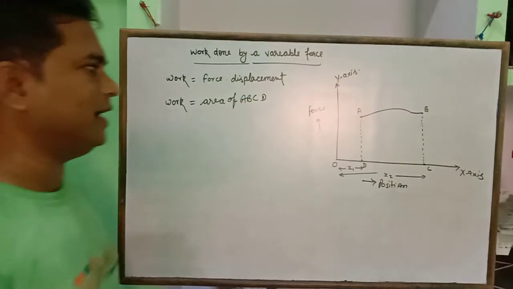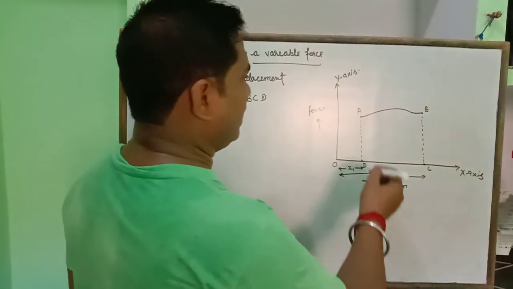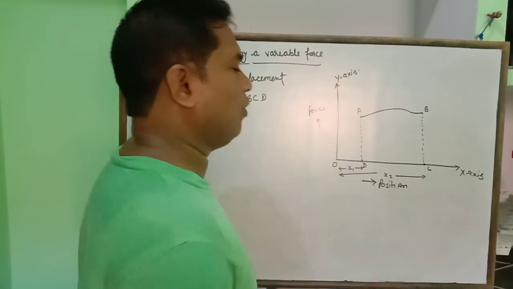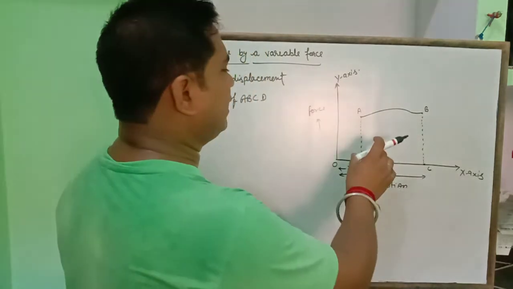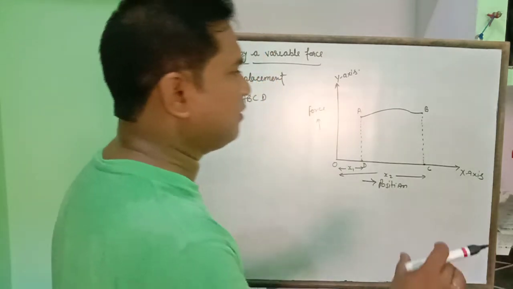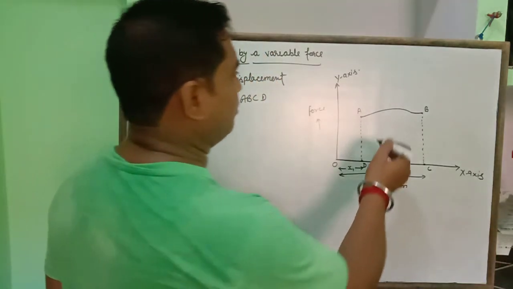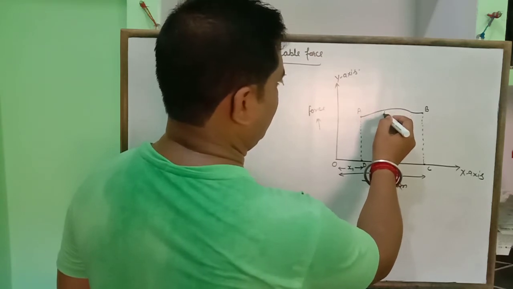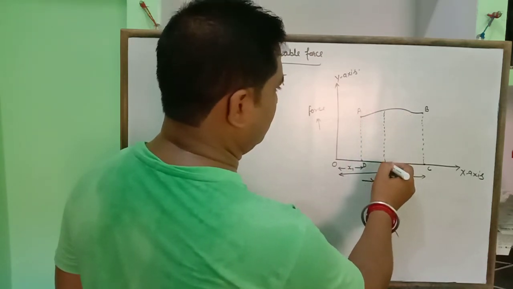And in the calculus method, to determine the work done in the whole region, we can divide this portion into small parts. Okay, so first we take the small region.